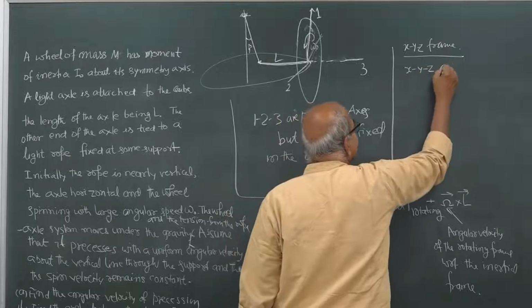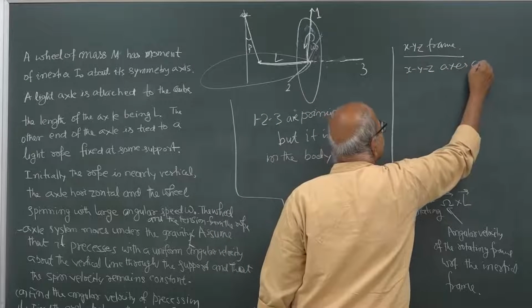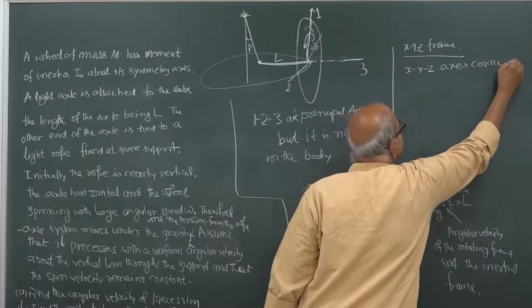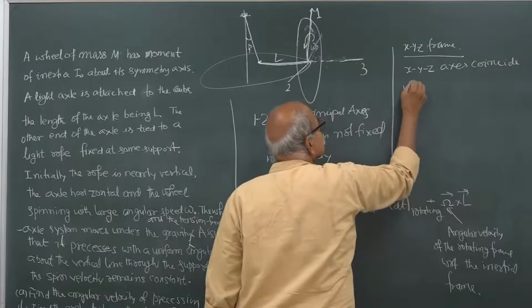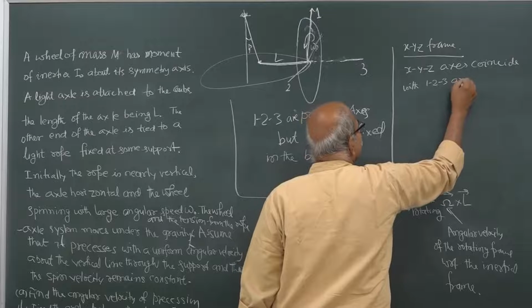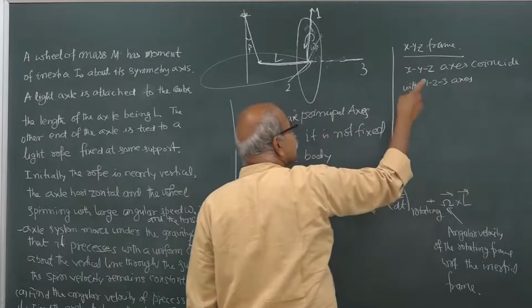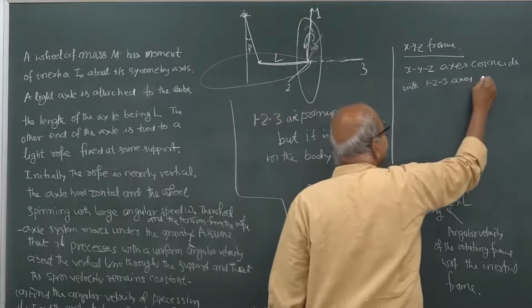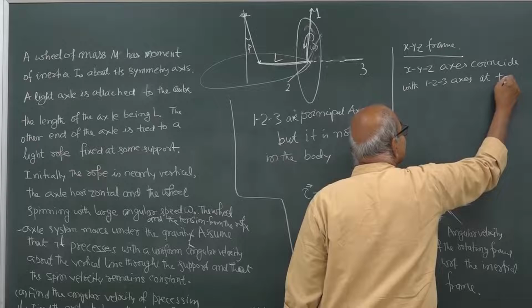XYZ axes coincide with 1, 2, 3 axes at t equal to 0.